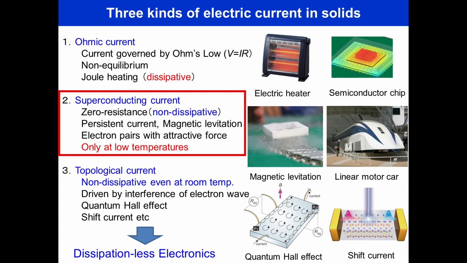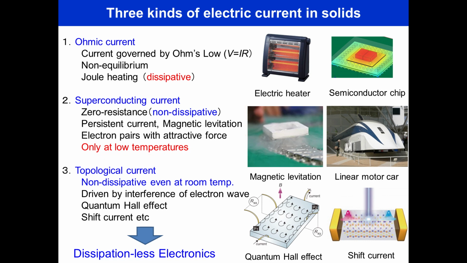Such materials, when kept cold, can float on top of magnets, and this superconductivity that floats on top of magnets can be used in the linear motor cars that are currently digging tunnels. In other words, it would be possible to make a train float and run. Unfortunately, such superconducting currents with zero resistance are limited to low temperatures, and there are many barriers to their practical use. The third current that I'm going to talk about today is called a topological electron current.